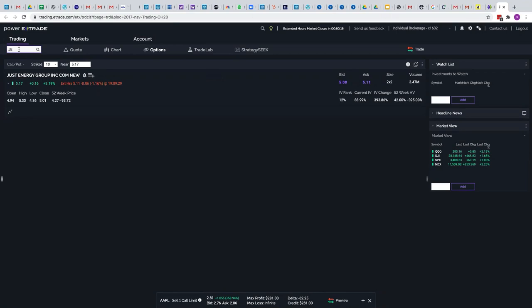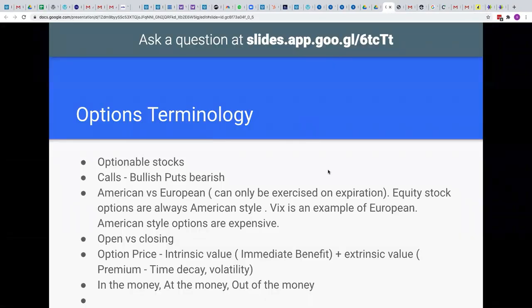You must be hearing the term optionable. That means that stock has options, okay? Then, as I mentioned before, calls generally mean bullish. When you say you're bullish, that means you're buying calls, and puts are for bearish. This is a very, very important thing, guys: American versus European.